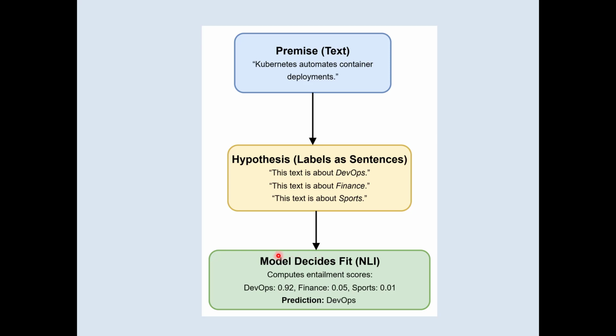It assigns a probability, like how strongly the text matches each label. And finally, it picks the label with the highest probability, like that is DevOps in our case. So it gave a probability to each of the labels, and the highest one is DevOps. So zero shot is basically reframing classification as a reasoning problem, asking which label best fits this text.